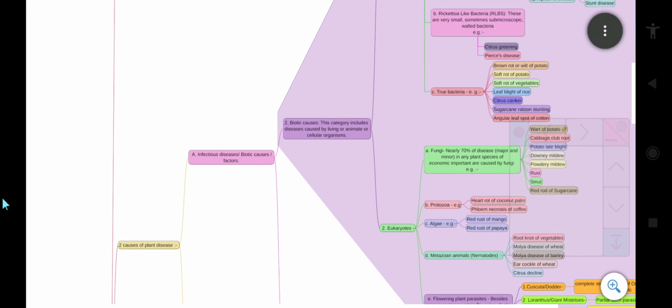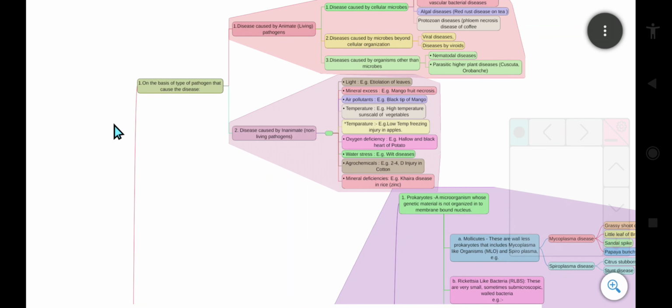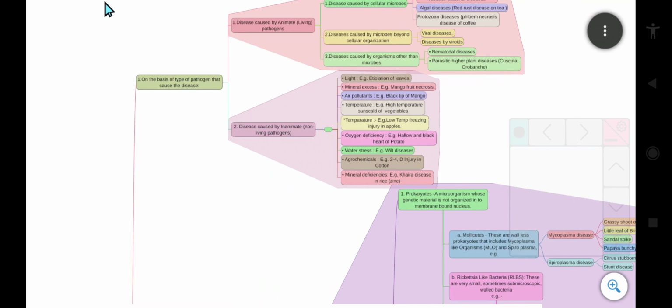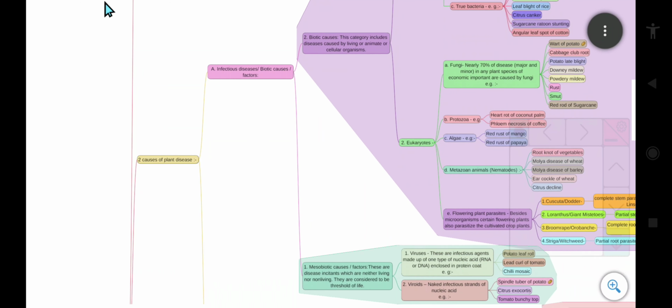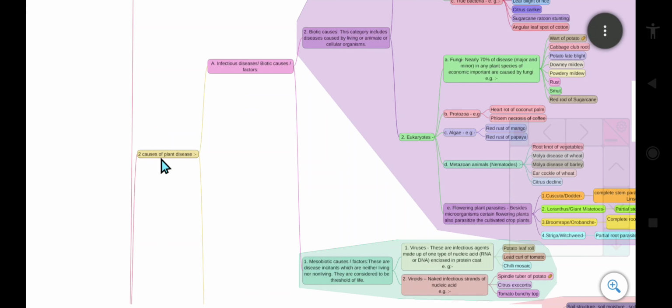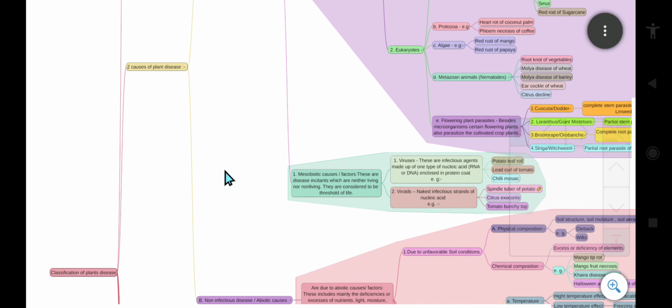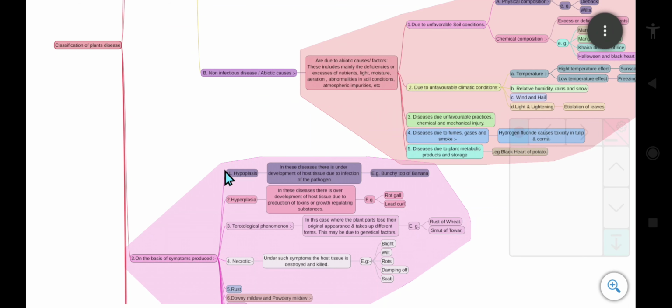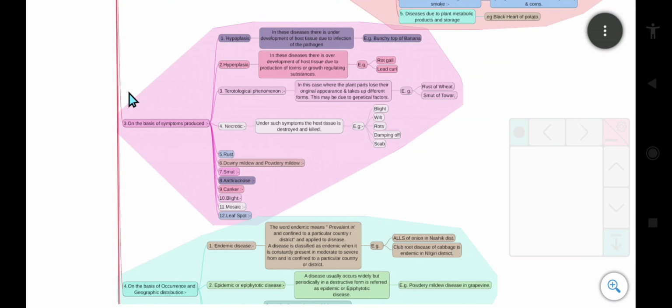First we see the classification of plant diseases on the basis of type of pathogen that causes the disease, and the second one is on the basis of causes of plant disease, and the third one is on the basis of symptoms produced.